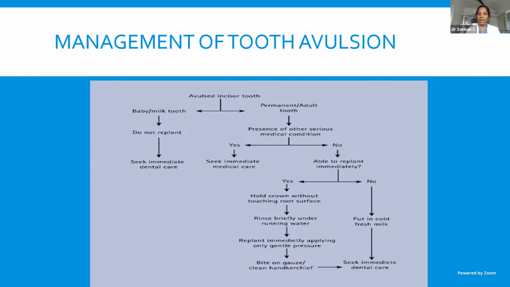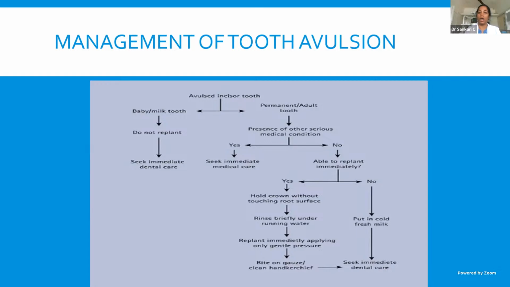How are you going to manage tooth avulsion cases? First, examine the patient clearly. See the socket, whether there are any foreign objects or any trauma happened to the tooth, at the socket area, everything. And see the tooth also. If it is a milk tooth or deciduous tooth, it is not necessary to re-implant. Just seek immediate dental care.